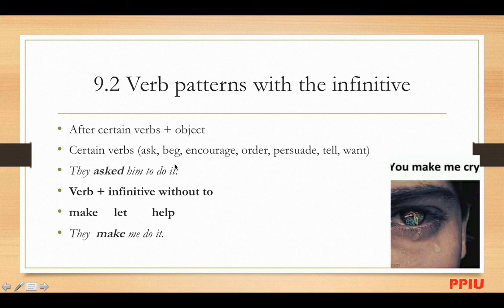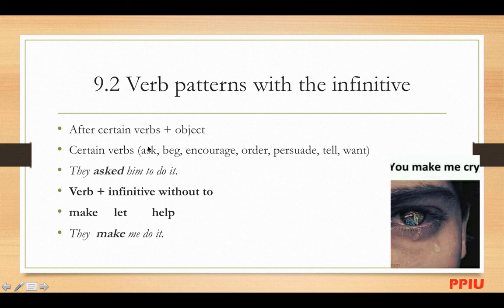But in this type of verb, we use the infinitive too, but we use verb plus object first before we add the infinitive. For example, certain verbs like ask, beg, encourage, order, persuade, tell, want. Normally you can say, for example, I ask students to write an essay.